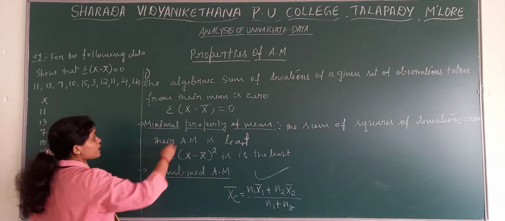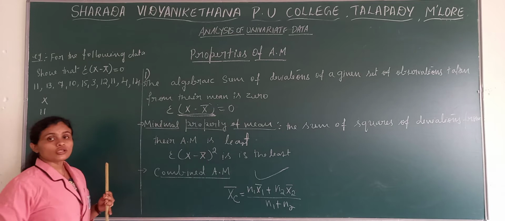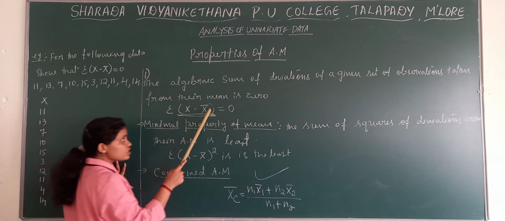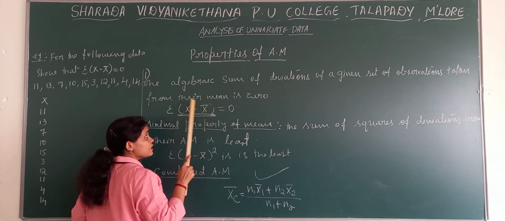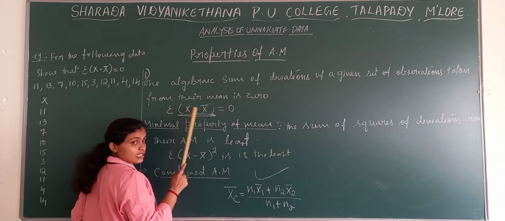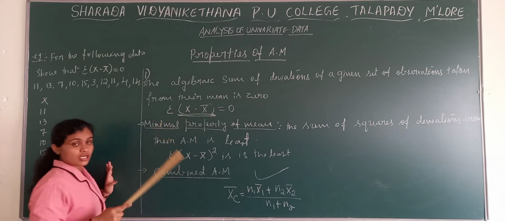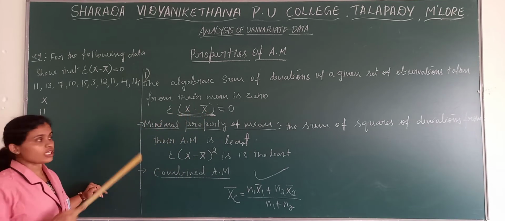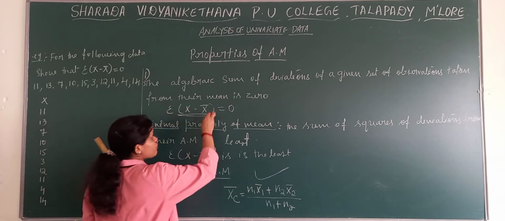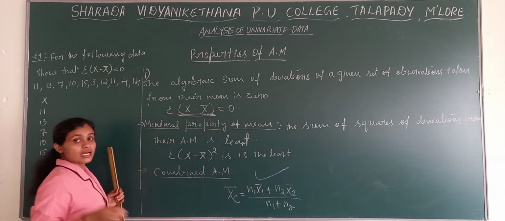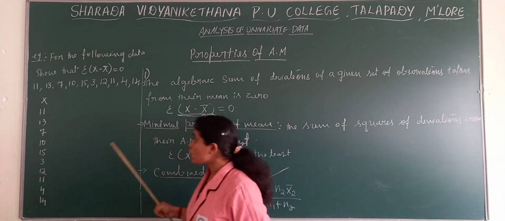Now in order to get this, what do we need to find out initially? Initially we need to find out the mean. Then we take the difference, then find the deviations, and after that we total with sigma. So initially we find the mean here. Now how to find mean for ungrouped data?